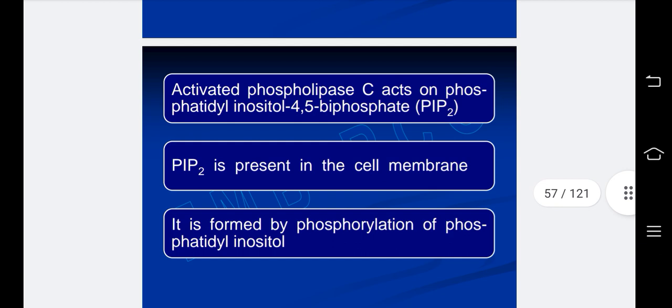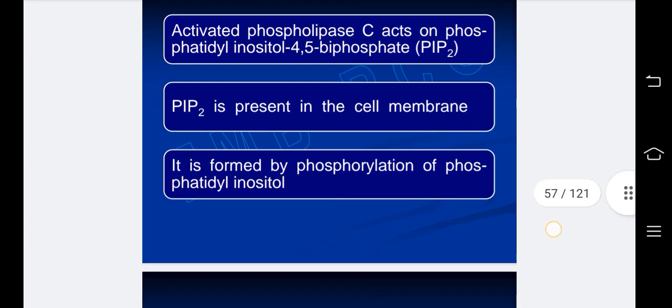Activated phospholipase C acts on phosphatidylinositol 4,5-bisphosphate, PIP2. PIP2 is present in the cell membrane. It is formed by phosphorylation of phosphatidylinositol.